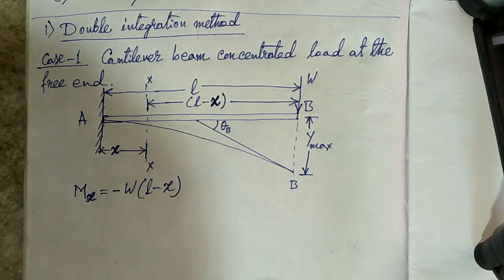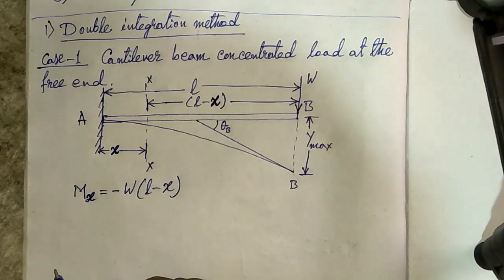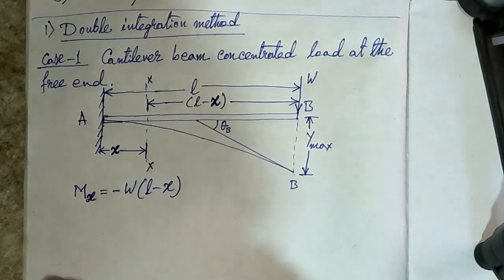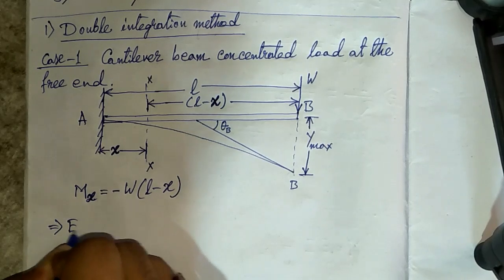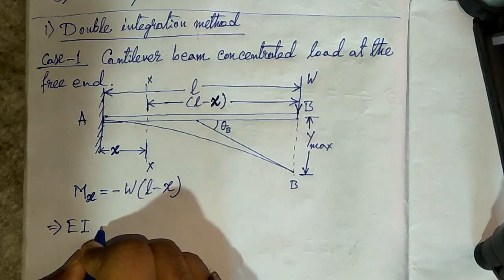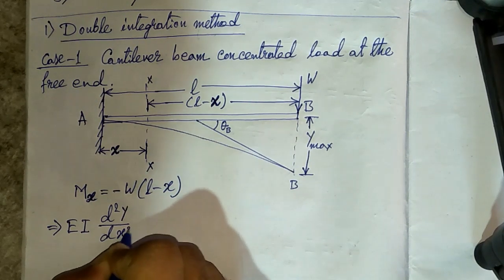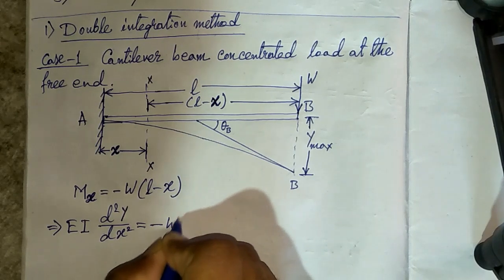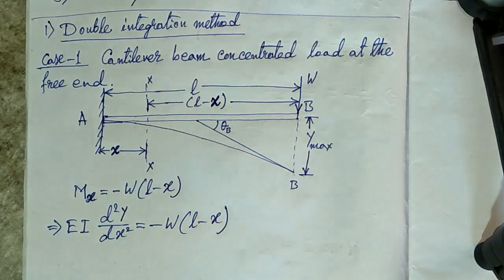Now from the deflection relation, m equals EI d2y dx2, we can write EI, where E is the modulus of elasticity and I is the moment of inertia, into d2y dx2 equals minus W into L minus x.